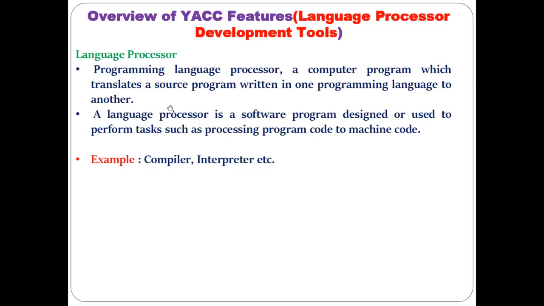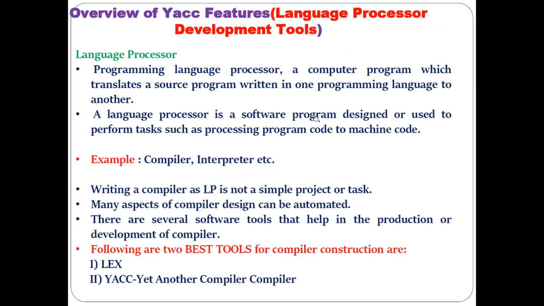So language processor is a software program used to perform tasks such as processing your program code and converting it into machine code. Understood? All of you know the examples of such language processors. Already last time we have discussed them.